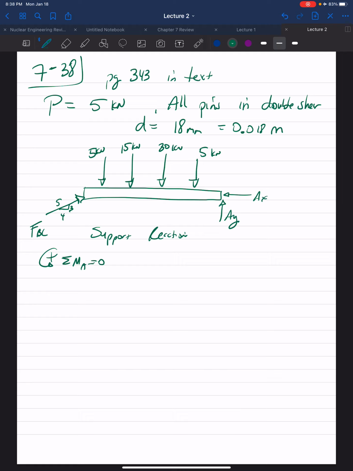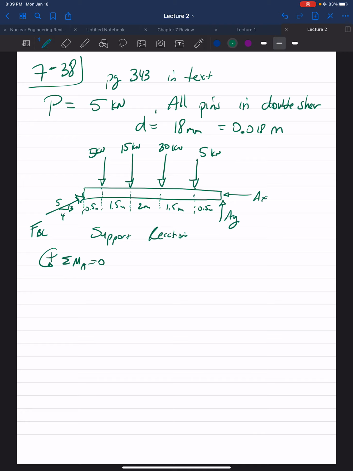About point A, all the loadings of P cause counterclockwise, positive rotation. The FBC vertical component causes clockwise, so negative. The perpendicular distances here, this is 0.5 meters. This distance here is 1.5 meters. This is 2 meters. This is 1.5 meters. And this is 0.5 meters.